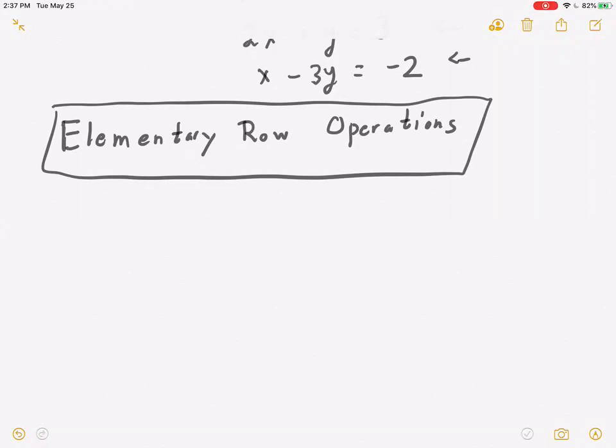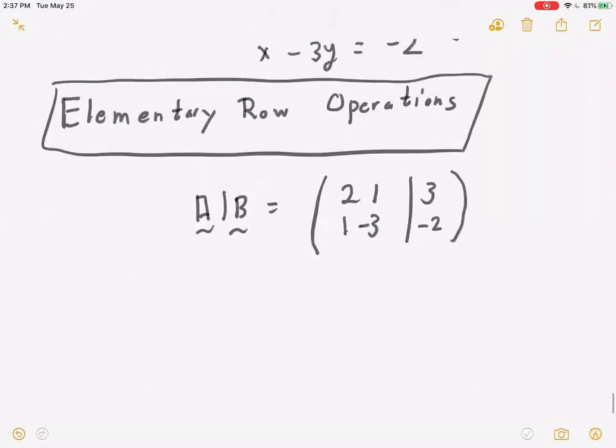So let us start out with our example of my augmented matrix for this problem. There's the first row, there's the second row, and let's just check this for a minute. That's minus 2. Yep.